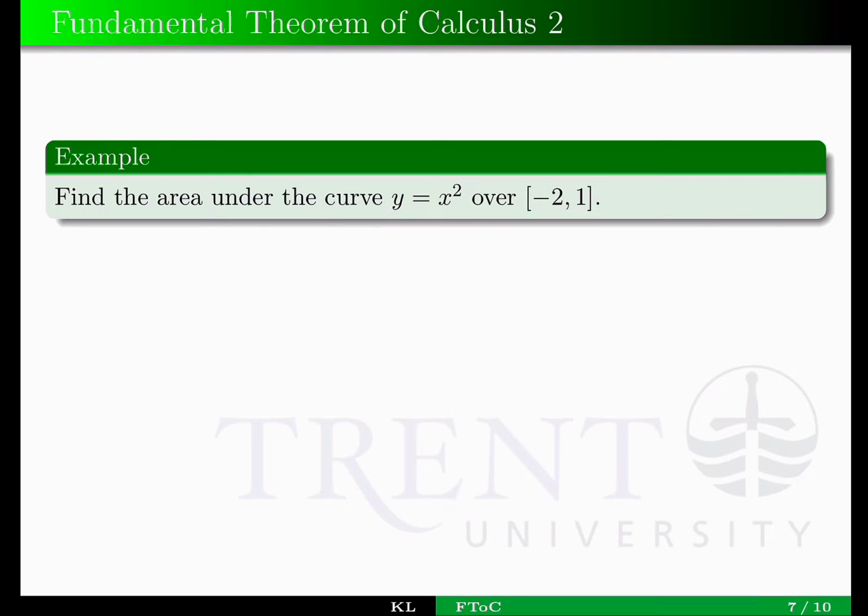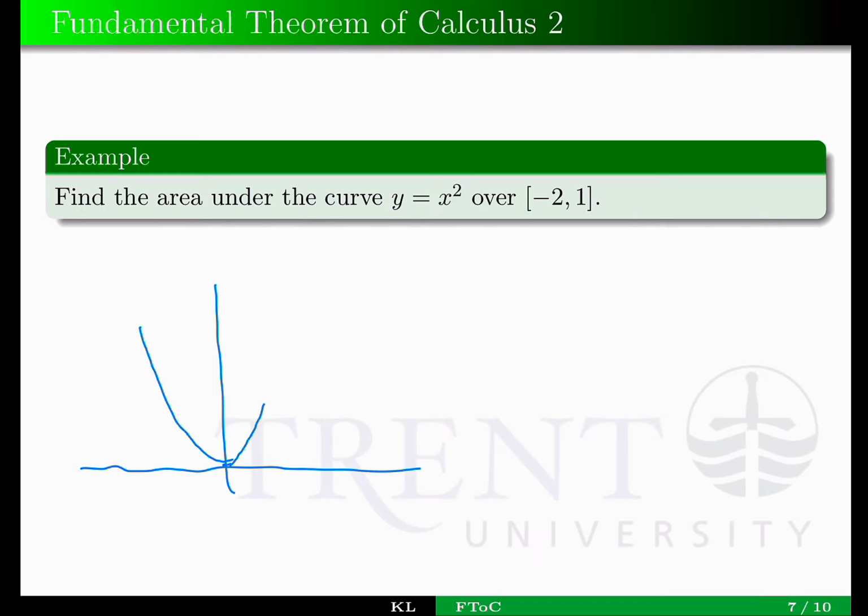Another problem here. Find the area under the curve of y equals x squared over the interval negative 2, 1. So in here, find the area under the curve. If we consider the graph of y equals x squared, it will be something like this.